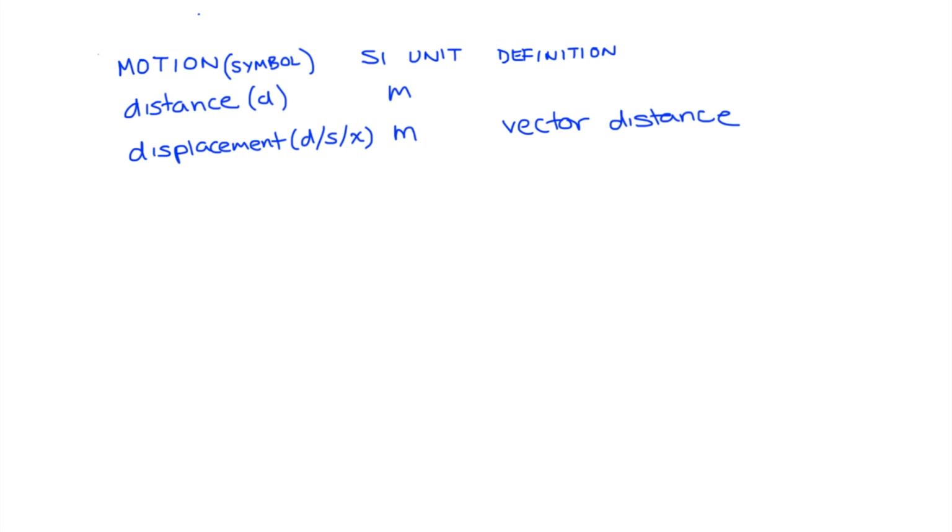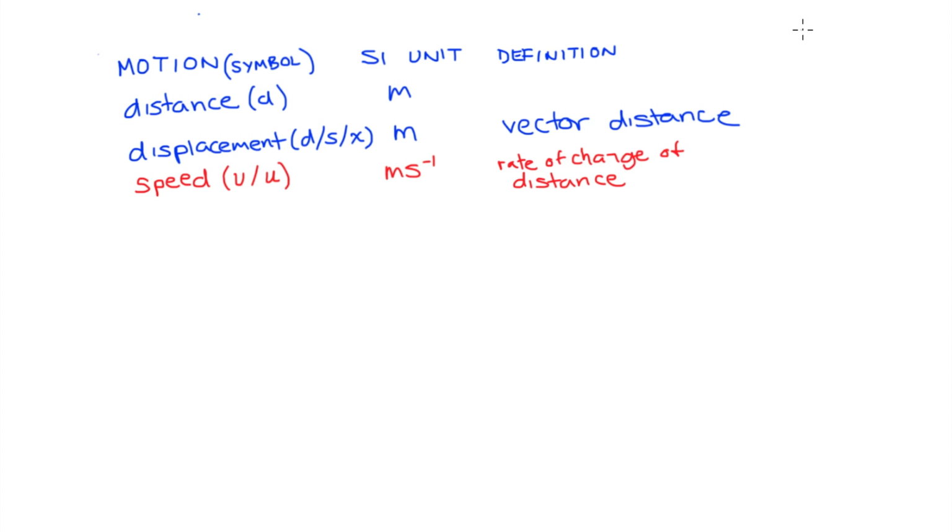Alright, now let's throw what we've just learned into our little table. So speed, which can be represented by sometimes a V or also sometimes a U, is measured in meters per second. And that's because it is the rate of change of distance.